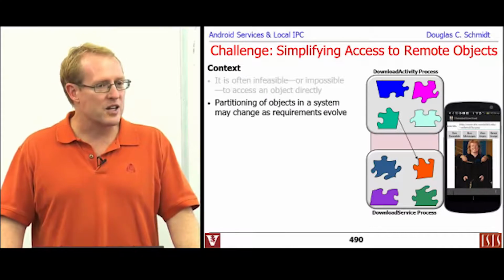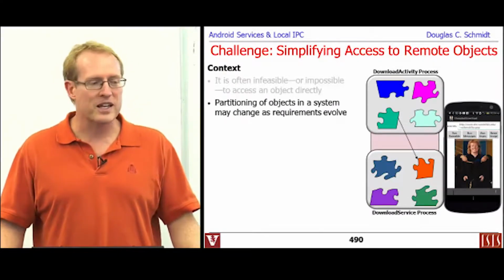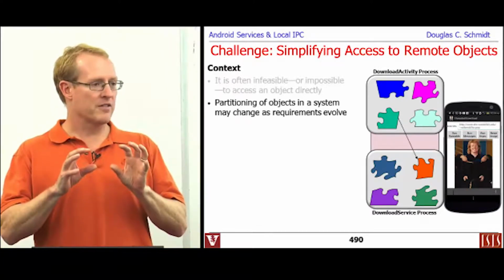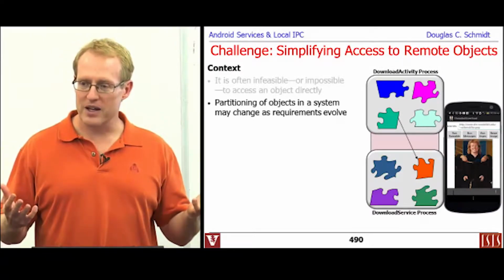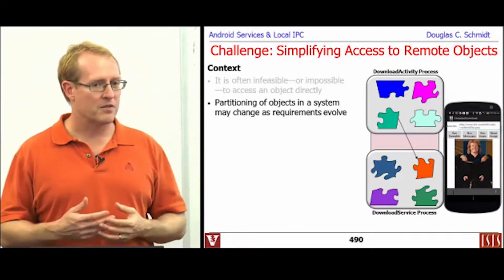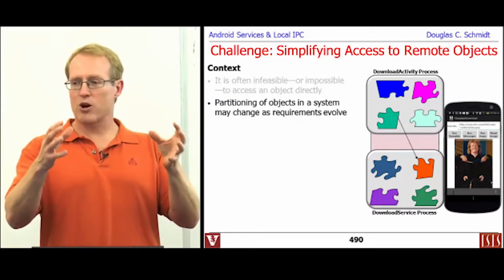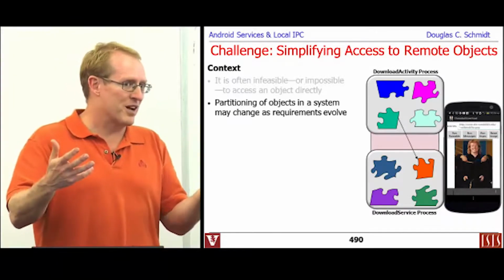Another part of the context here is that as you start to develop your system over time, it's often the case that you change your mind about where you want your objects to live. Now, this is really easy to motivate when we start talking about a distributed system. In a distributed system where you've got networks involved, you might start out with things perhaps co-located in the same address space or on the same machine for various reasons. Simplicity of programming is the most obvious one.